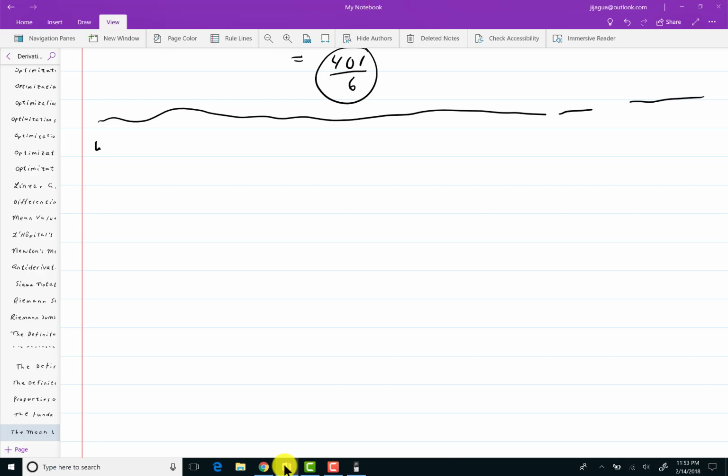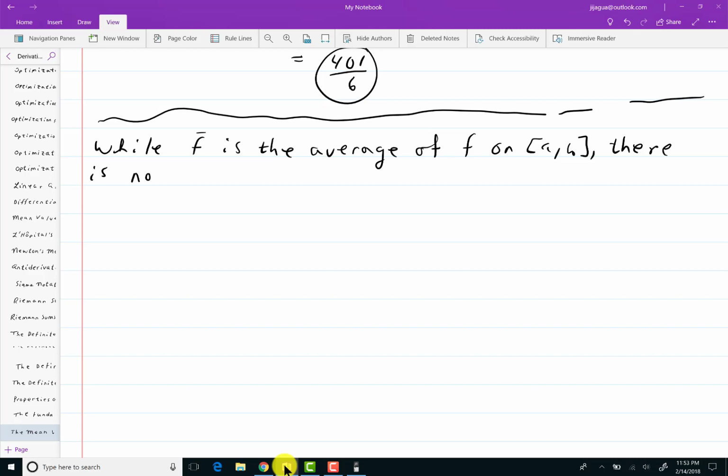Now, while f bar is the average of f on ab, there is no guarantee that f bar equals f of x for any x.